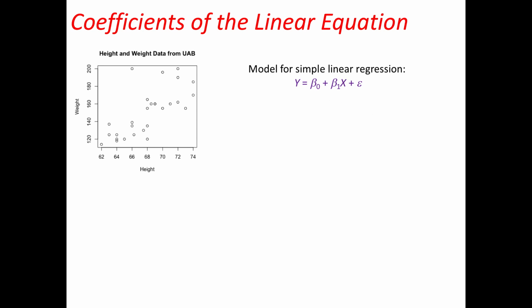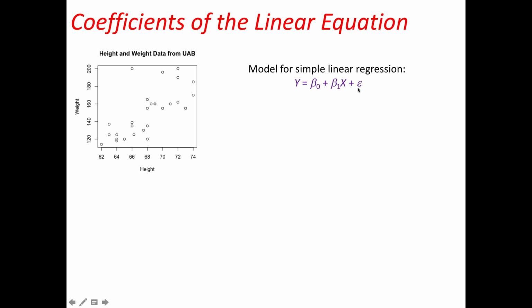You might recognize the equation here as the equation that we use to define a straight line. Y equals mx plus b, where m equals the slope of the line and b represents the y-intercept. Remember that? So in this case, this would be your b value or your y-intercept value. Beta sub 1 is your m value.